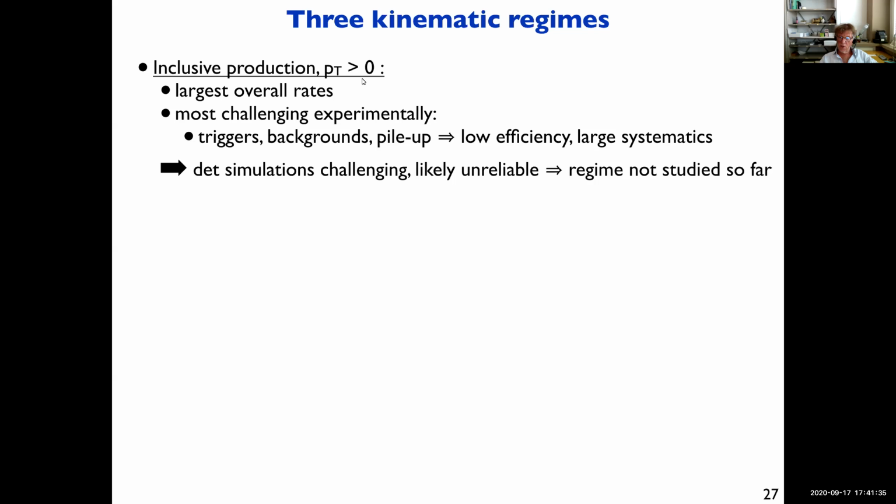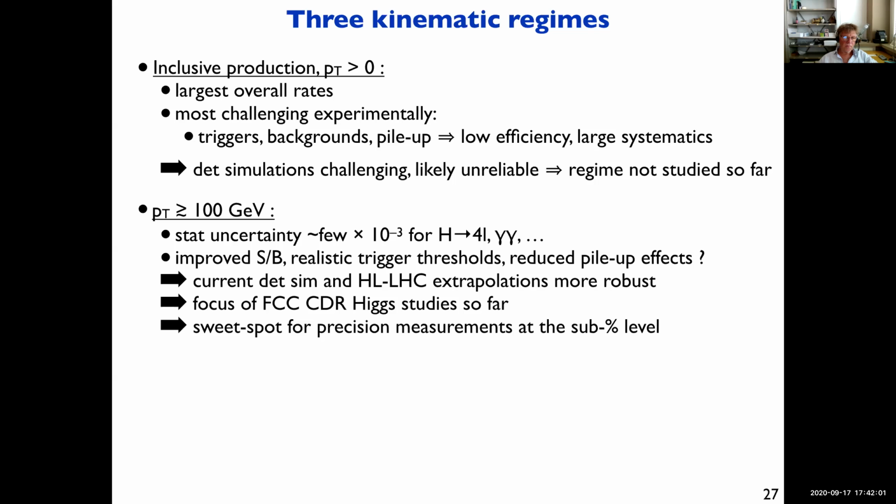In other words, in the LHC, all of the analyses try to capture all of the possible Higgses that are available. Say Higgs to gamma gamma, you just look at all of them. And here we're not trying to do that. There are so many Higgses that one can afford just looking at Higgses produced in situations where hopefully the experimental analysis will be simpler. And that is the range where the PT is slightly boosted, say PT of the Higgs above 100 GeV.